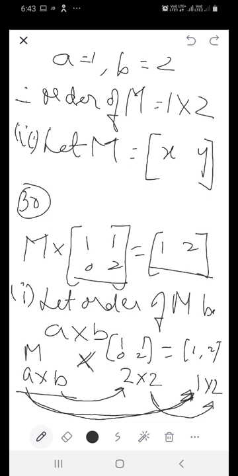Now we are going to multiply it with the given matrix. M is to be written first.